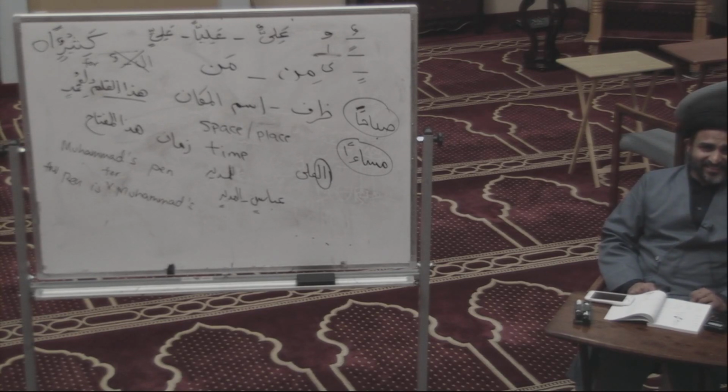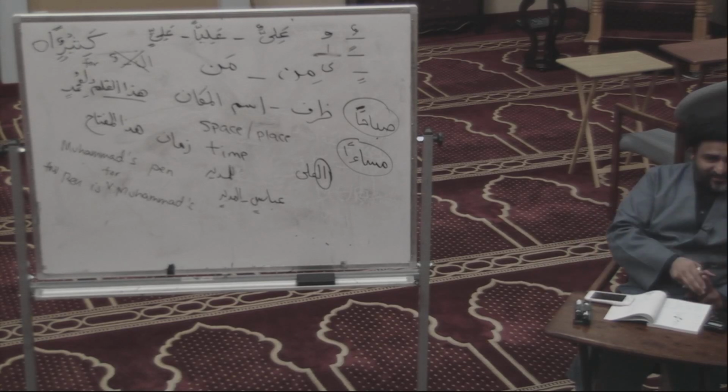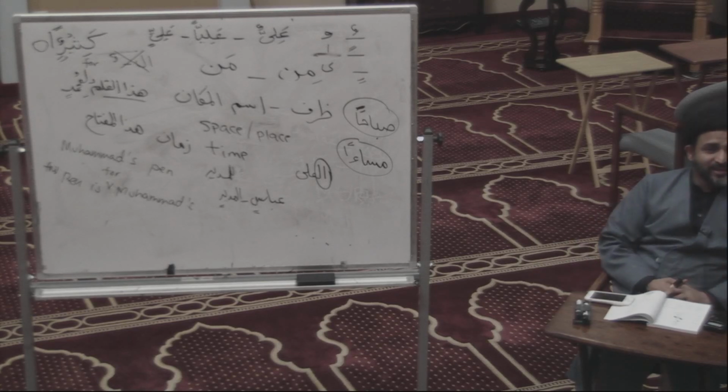This hen belongs to or is for farmer's daughter. Le bintil fallahi. Yeah, what were you saying? No, it's not hadhihi because it's hadha. It's a rooster. It's a hen. Whereas if it was a dajaja, it would have been a chicken.